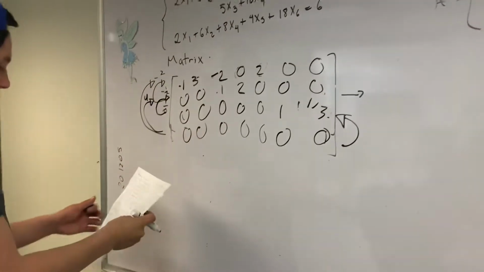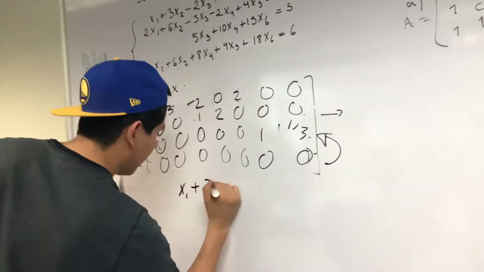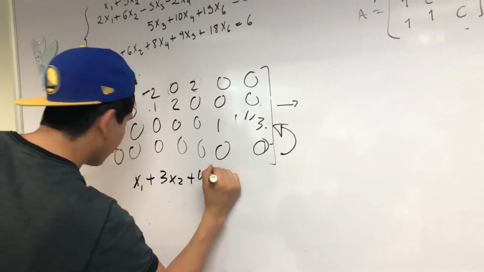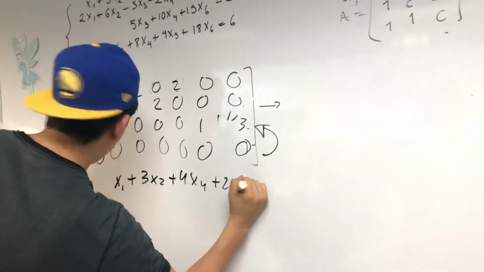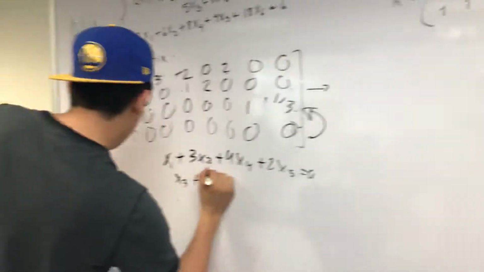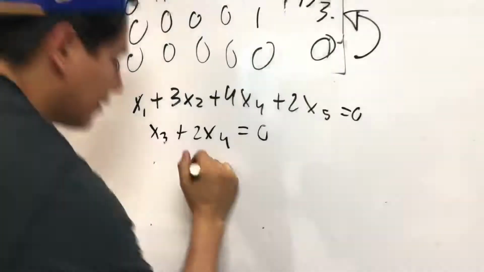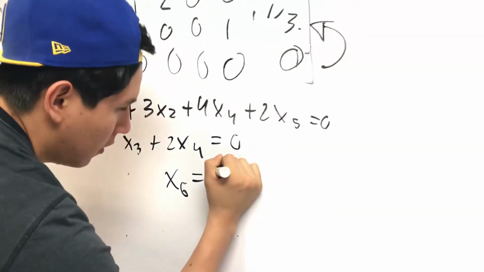In this case, our equations will be x1 plus 3x2 plus 4x4 plus 2x5 equals 0, x3 plus 2x4 equals 0, and x6 equals 1/3.